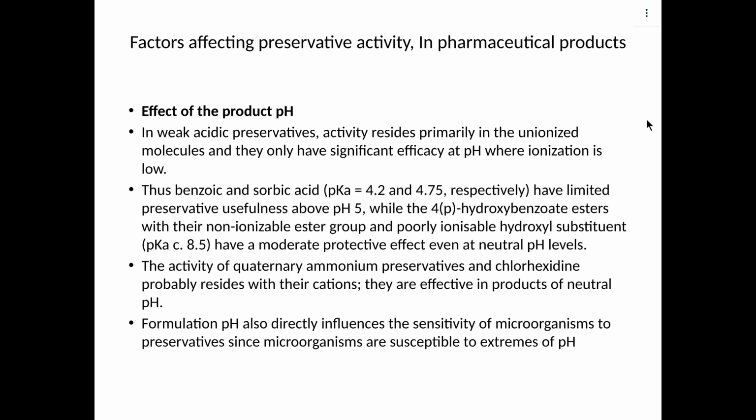You need it to be non-ionized to penetrate the microorganism. Then after it has penetrated, it gets into the cell, finds a higher pH, becomes ionized and interferes with the activity of the microorganism. But if it ionizes outside the cell, it will not be able to access the cell.